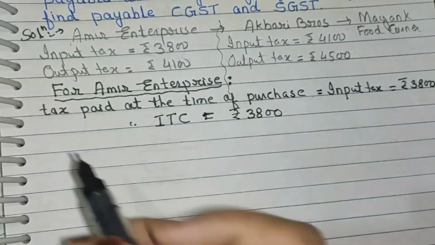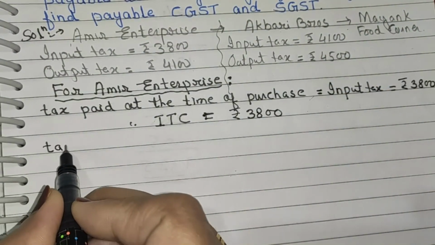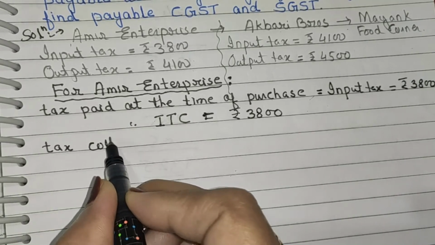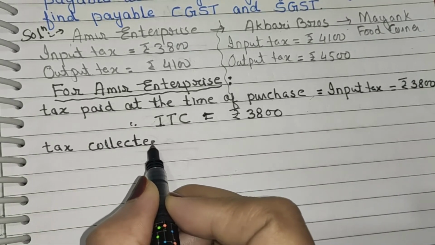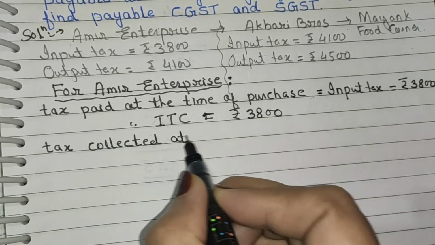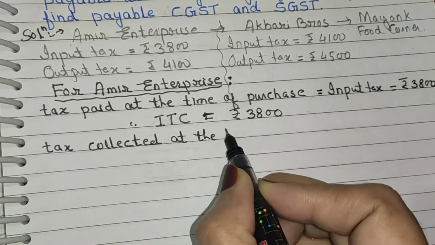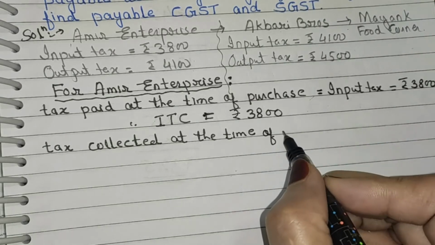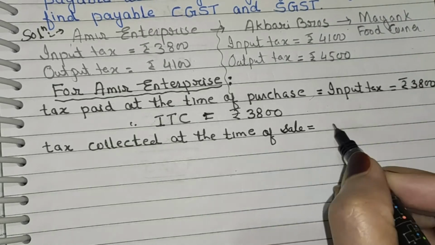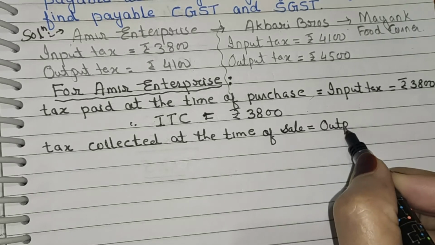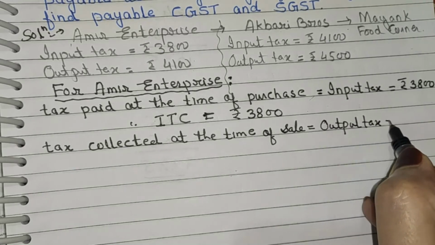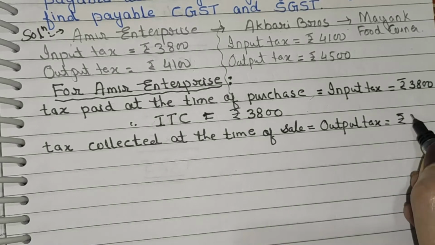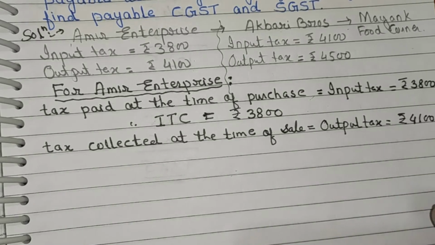He sold those bottles. Therefore, tax collected at the time of sale means output tax, which is equal to rupees 4,100.